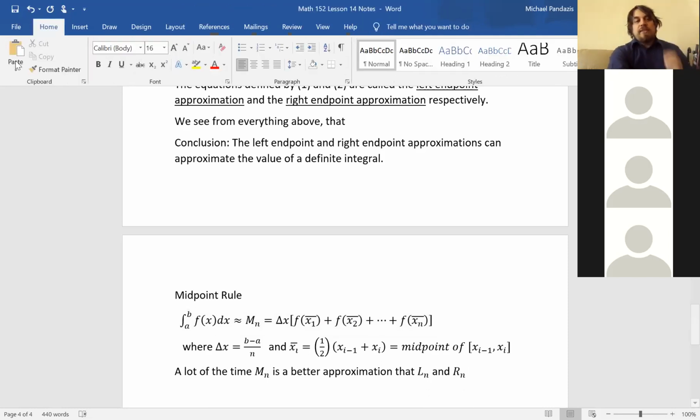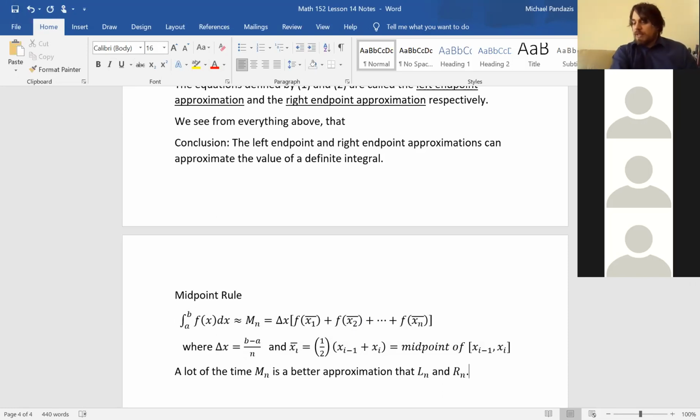If you're taking the midpoint instead of one end or the other, instead of going to extremes all the way to the left or all the way to the right to define the value, a lot of the time it results in a better approximation than either of them. Not always. Sometimes you'll actually get a better one using the left or right one. You can construct such functions where any of the three are the best: the left endpoint, the right endpoint, or the midpoint.